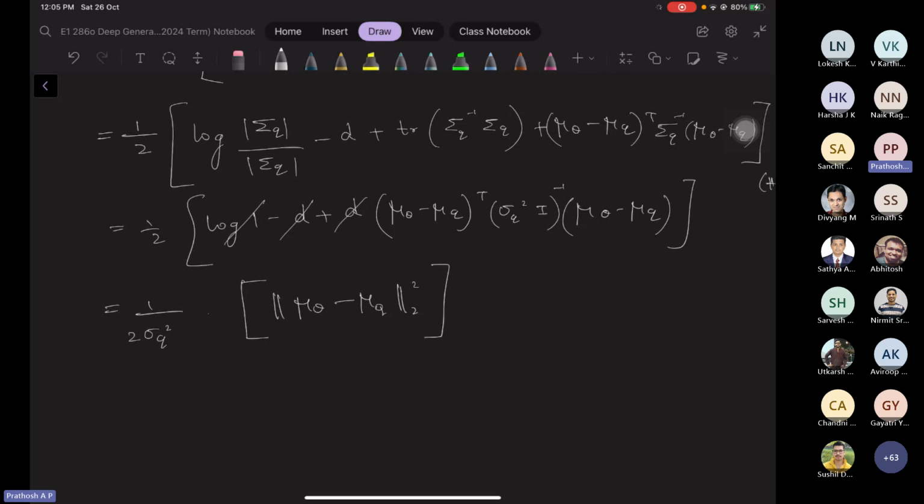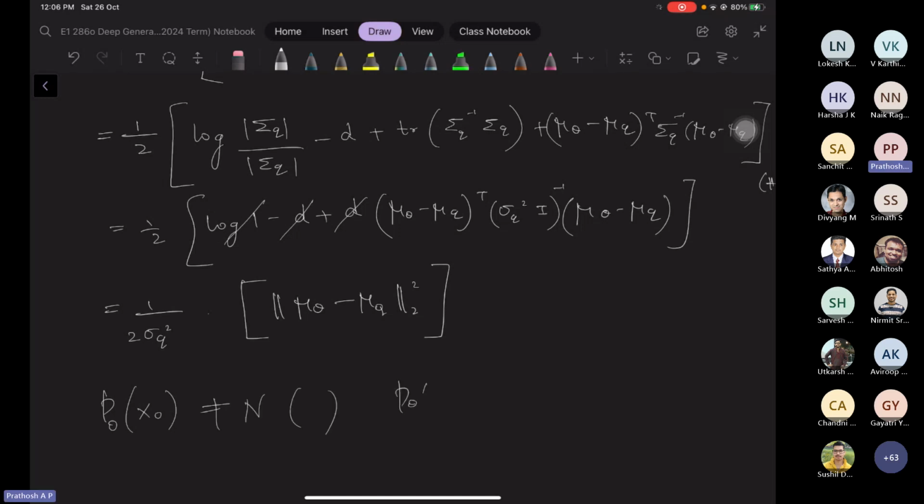It is a distribution that has infinite support, so it is easy to work with. There are diffusion models that use other exponential family distributions, but they lead to a similar thing. Note that nowhere are we assuming that P of x naught is Gaussian. It is not Gaussian at all.